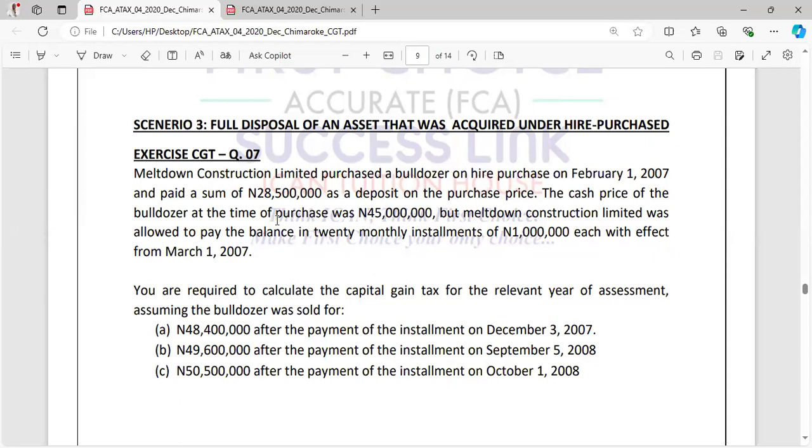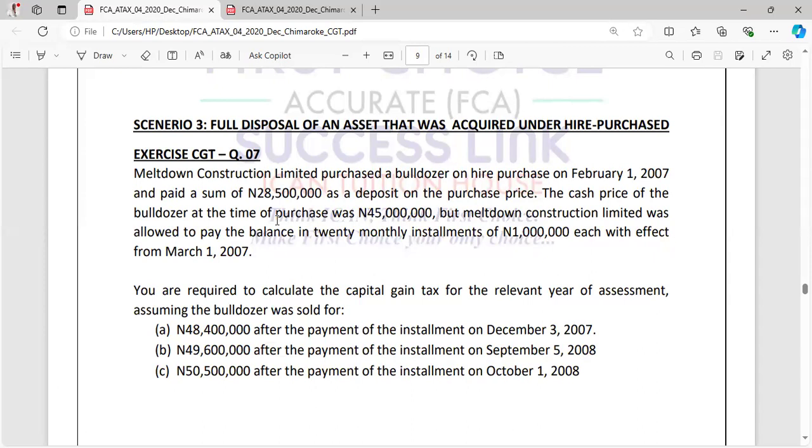Okay, so it is not as simple as that, because the question goes on. You are supposed to start paying these monthly installments from March 1. What happens here is that the law of capital acquisition on hire purchase follows what they call substance over form. What is substance over form?